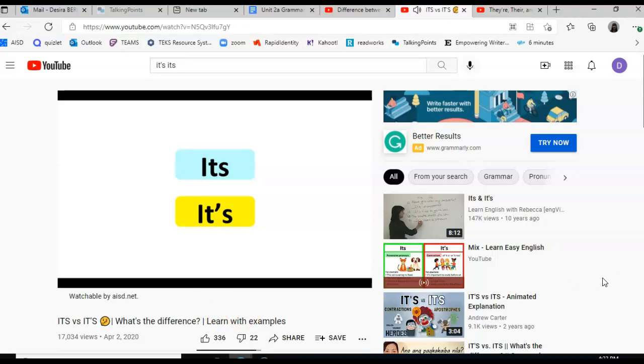However, they have 2 different meanings. The difference between these words is that the second it's has an apostrophe between the letter T and S. In this lesson, we will look at the difference between its and it's and when to use each one.